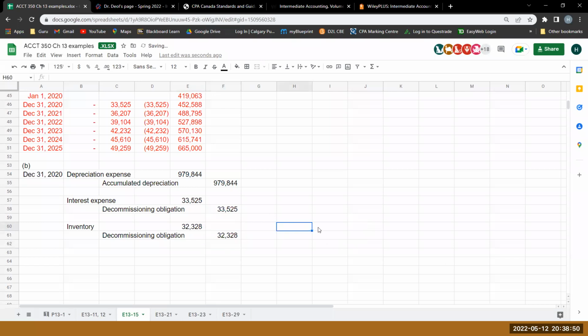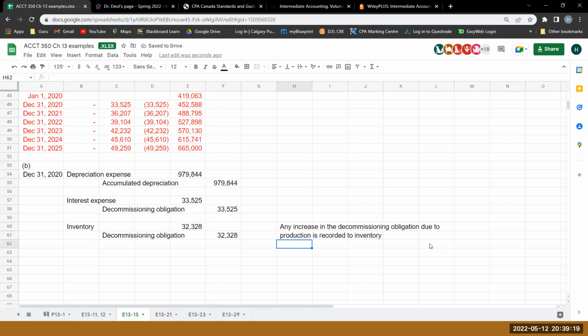Any increase in the decommissioning obligation due to production is recorded in inventory.